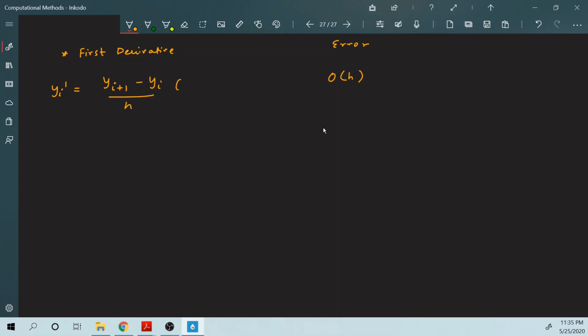So this is your forward difference scheme. Then there is this formula. This is known as backward scheme.